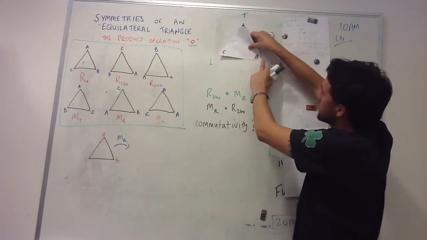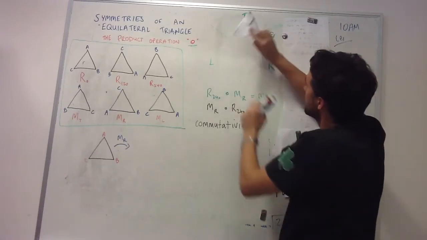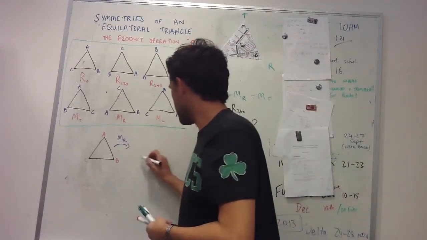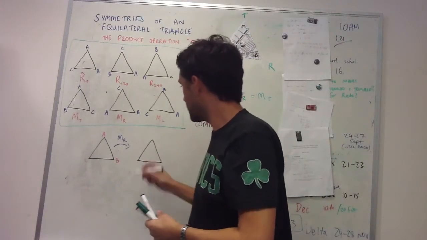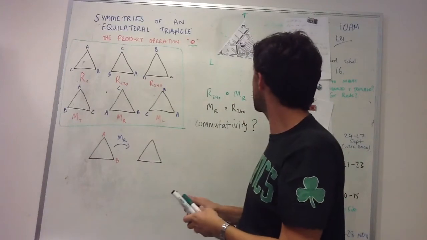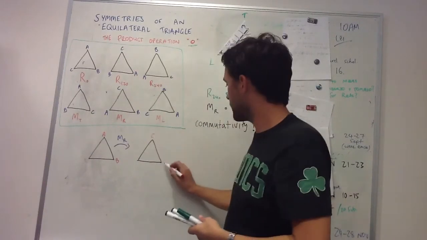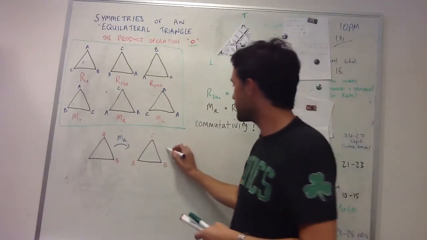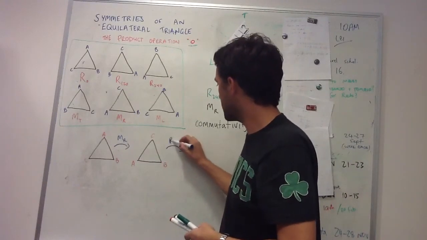B stays in the same position because it's on the mirror line. A and C swap. So my first position looks like this. So C is up here, B is here, A is here. I then rotate this 240 degrees.